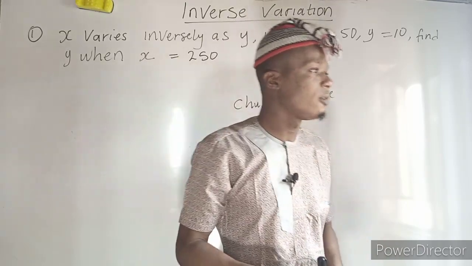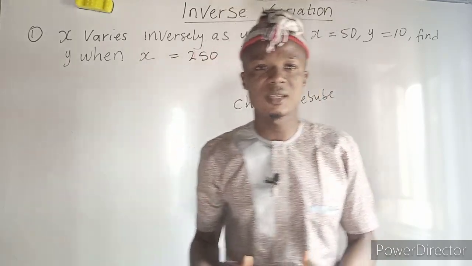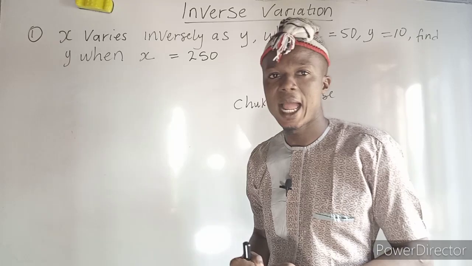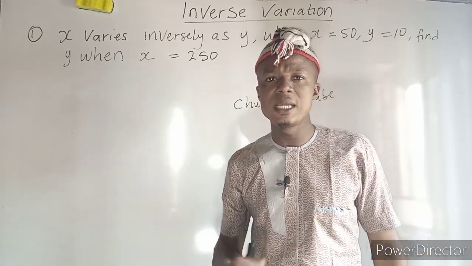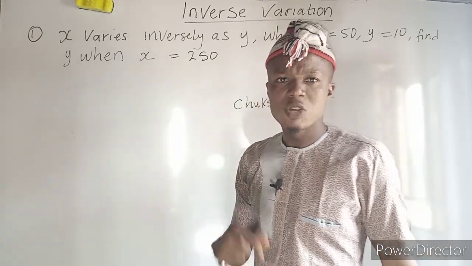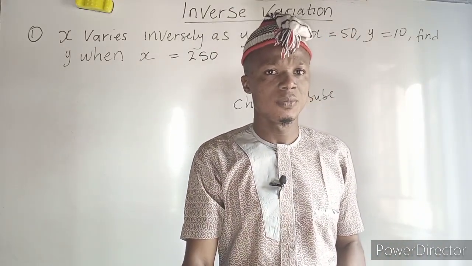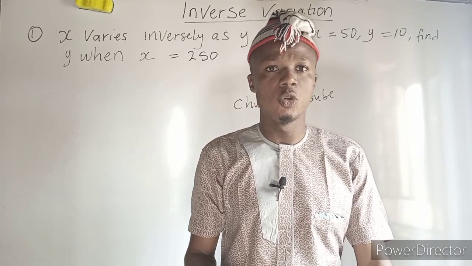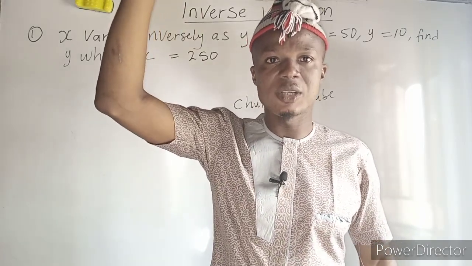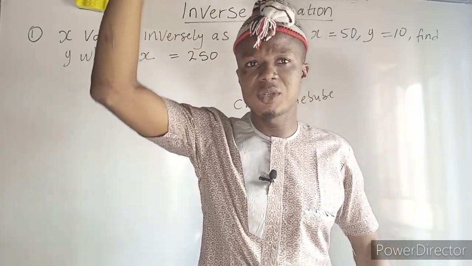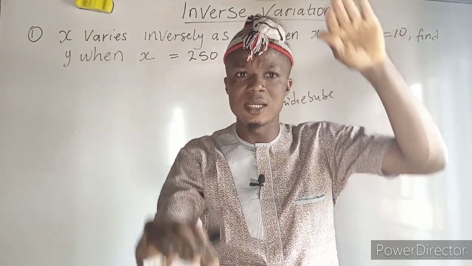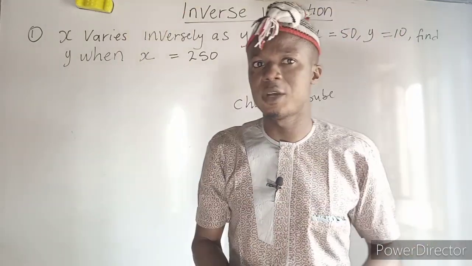Another practical example of this inverse variation is that if you are driving a car, if your speed is too high, the time it will take you to reach your destination will be too small. And when your speed is too low, the time it will take you to reach your destination will be too high. So you see that the time and the speed vary inversely to one another.